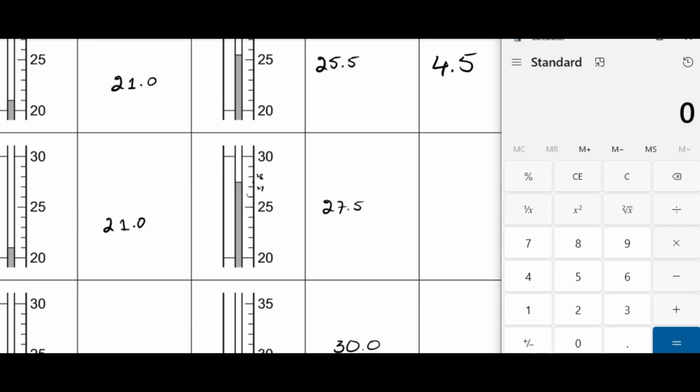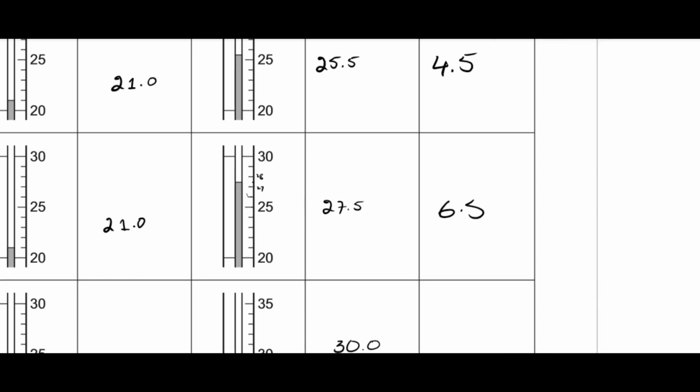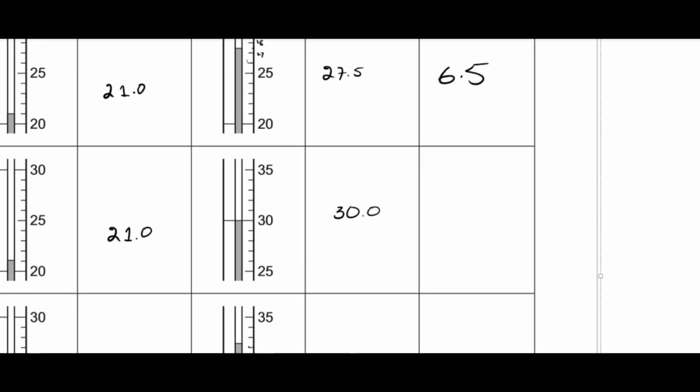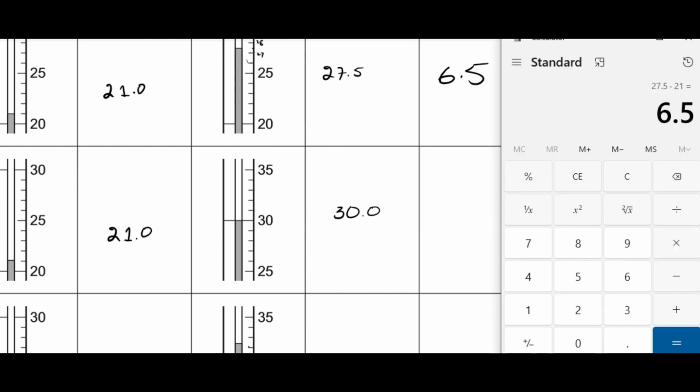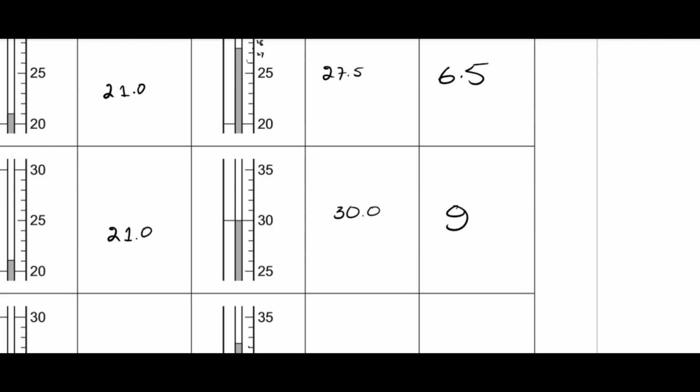In the second one, it is 27.5 minus 21 equals 6.5. So the second temperature change is 6.5. For the third one, the final temperature is 30.0 minus 21.0 equals 9 Celsius.